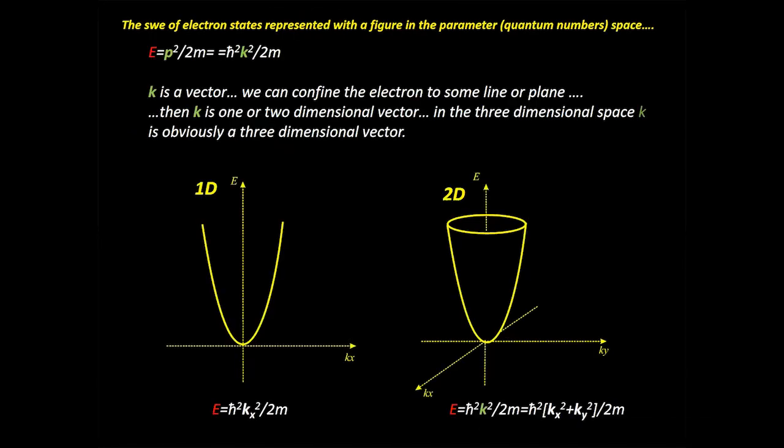And then we can represent these electron states, because an electron is a fermion. Fermions are particles that have unique quantum numbers if they appear in some common system.